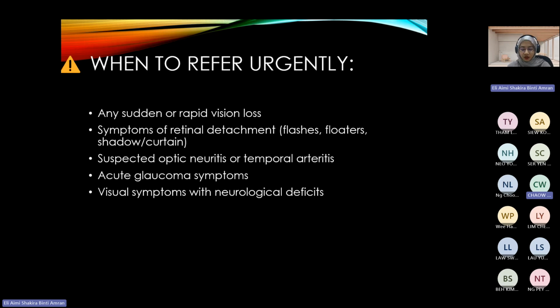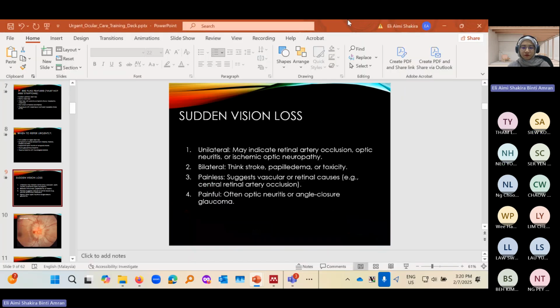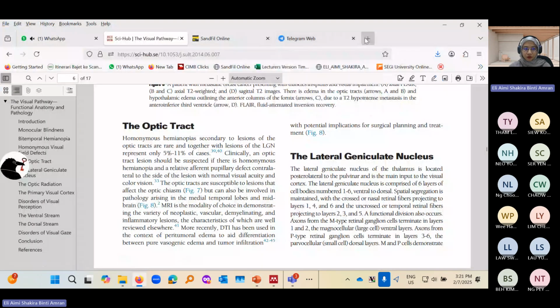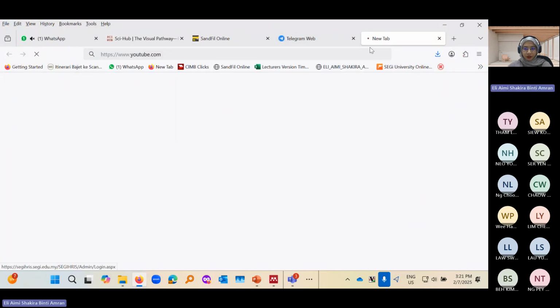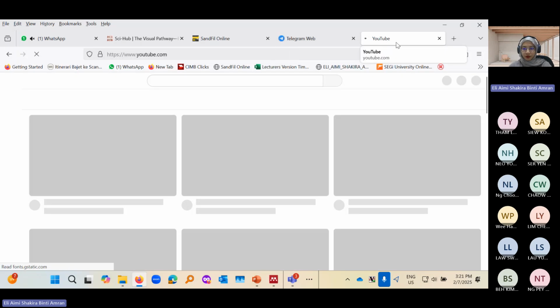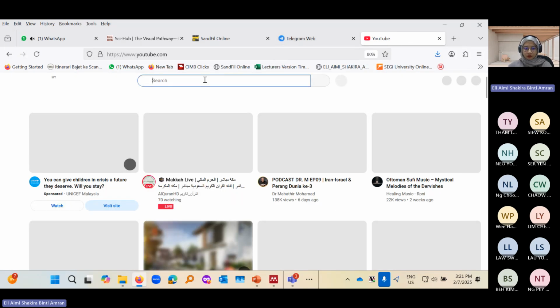Very good. Now I'm going to share a video with you, maybe as a refresher if you have learned it before, to see the visual pathway and the related constrictions or anopia according to the brain structure.